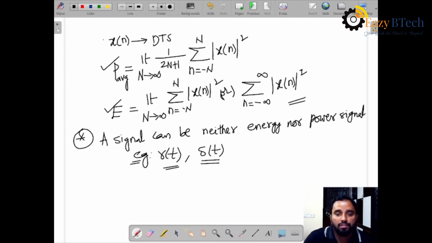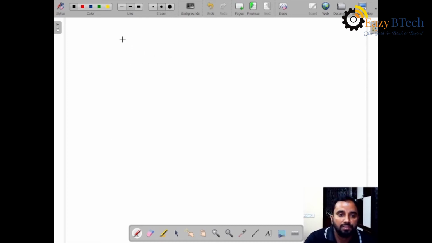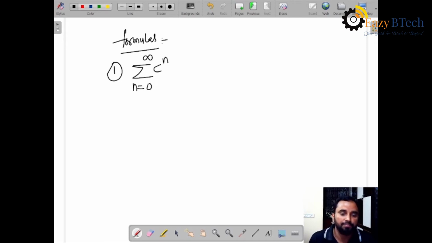Now, I will give you some formulas. If you have summation n is 0 to infinity c power n, the infinite summation, the total value is 1 by 1 minus c, if mod c is less than 1.